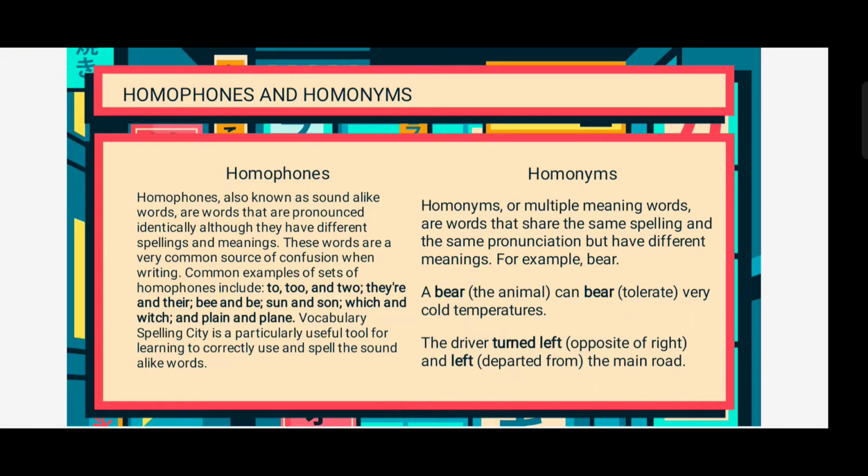Homophones and homonyms. First, I want to explain about homophones. Homophones, also known as sound-alike words, are words that are pronounced identically, although they have different spellings and meanings. These words are a very common source of confusion when writing.